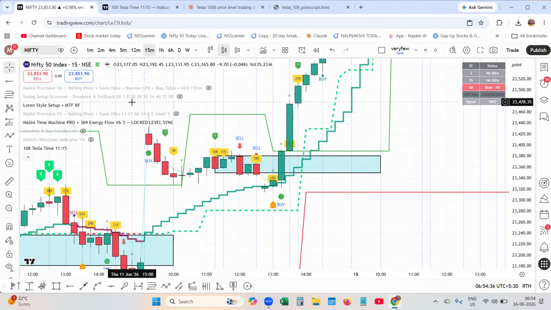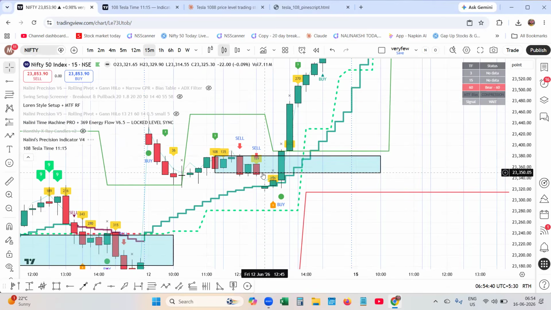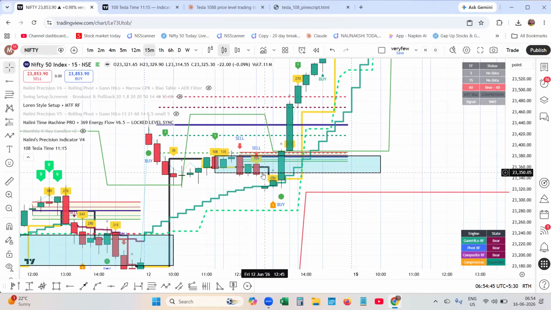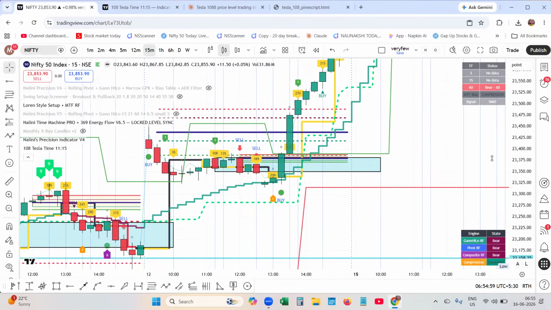Where is that? The NALINI precision engine, noon layers. You can see noon layers over here, noon layers over here, Tesla engine. When price starts moving above this, then the trend started in the market.